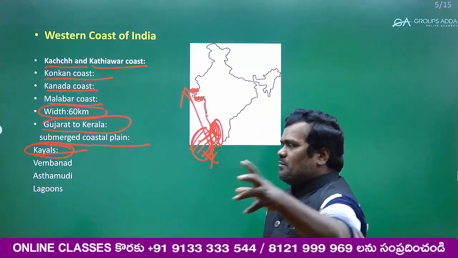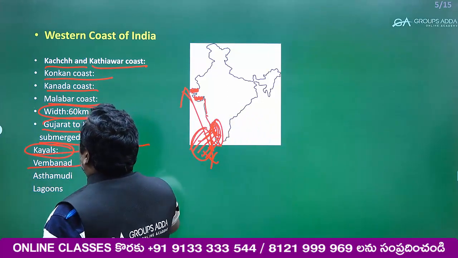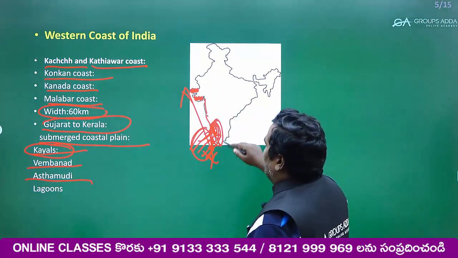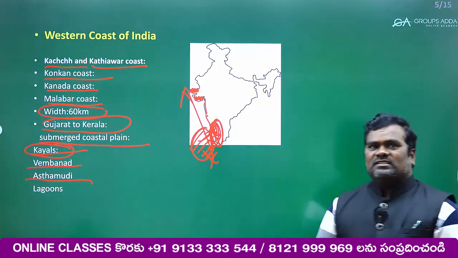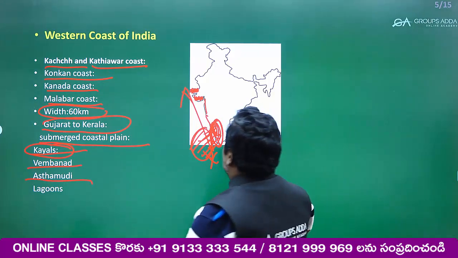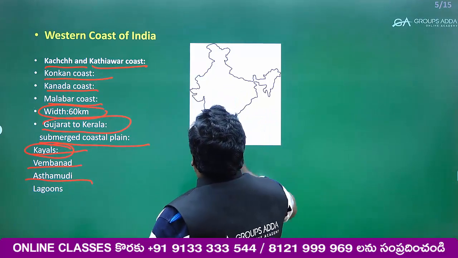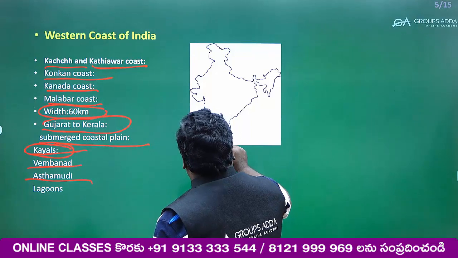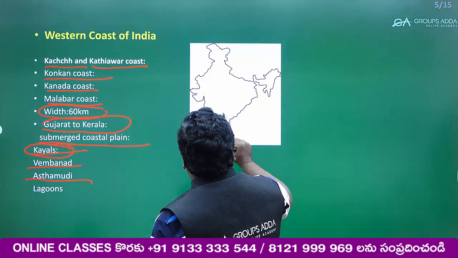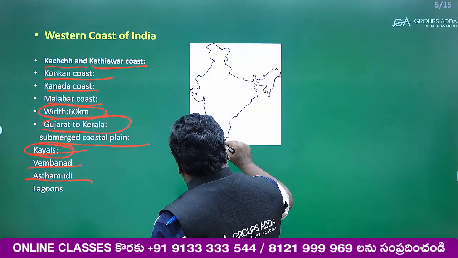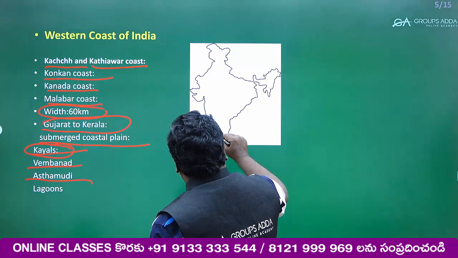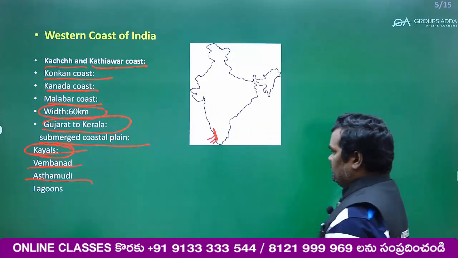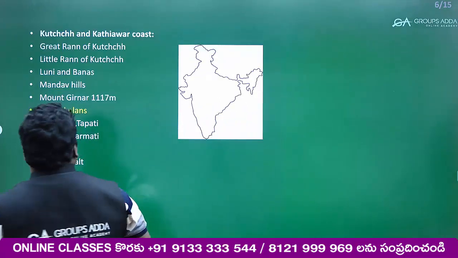If you observe Vembanad and Astamudi, these both got developed in Kerala, isn't it? See here, this water entered into the mainland, got stuck here and spread here, isn't it? This is called a lagoon.